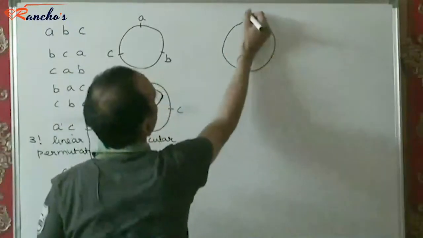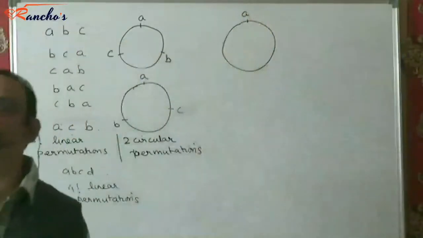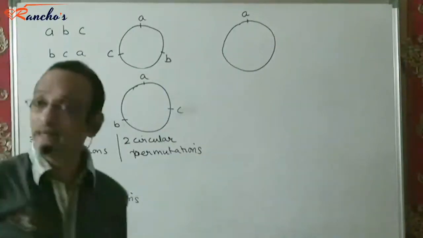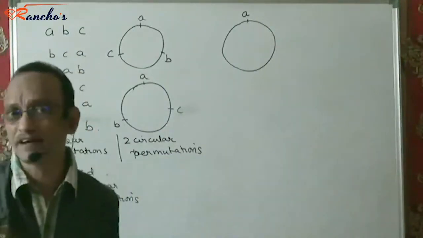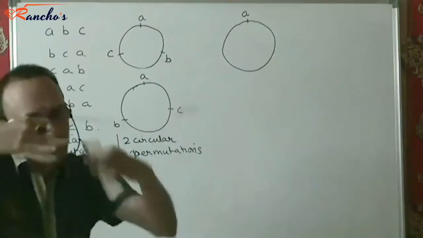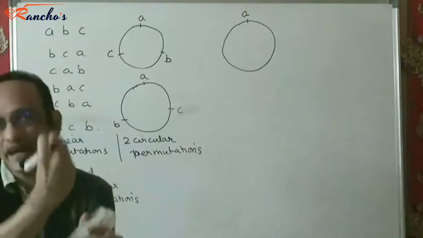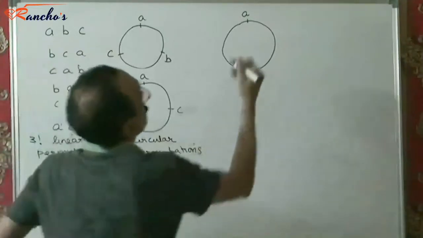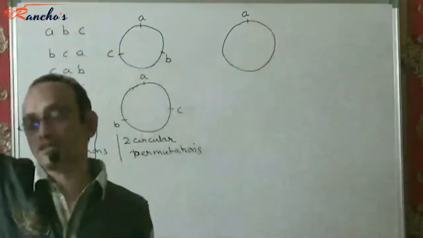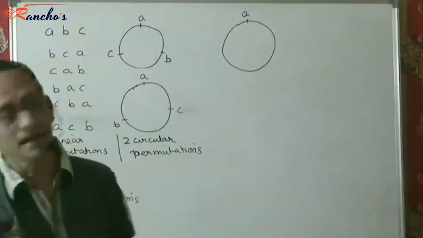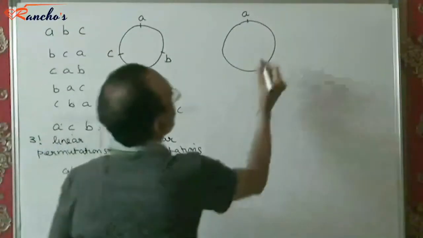There is only one way I could have fixed A. When the circle is blank, there is only one way you could have placed A. Then this becomes the reference point, and with respect to it, it becomes relevant to position B, C, and D.